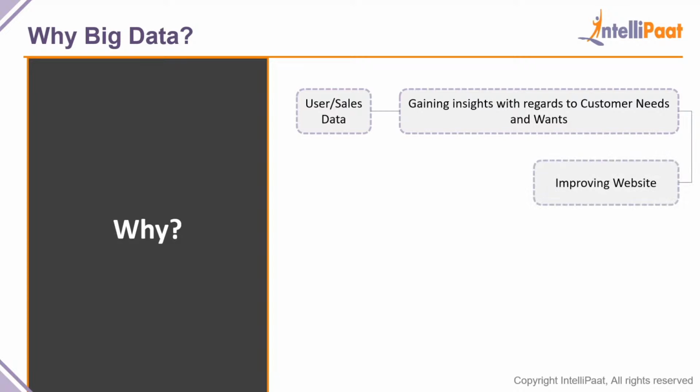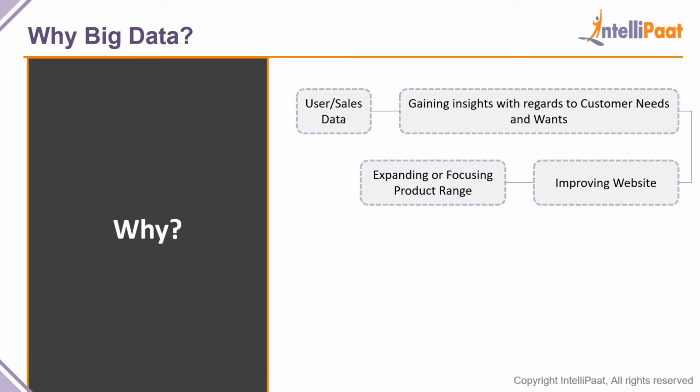Once you know that, you can improve your website. Firstly, you will detect which particular aspects of the user interface the customer likes, and based on that, you can improve the overall experience that the customer has whenever they log into your website or your mobile application. Then, secondly, you can expand or focus your product range.